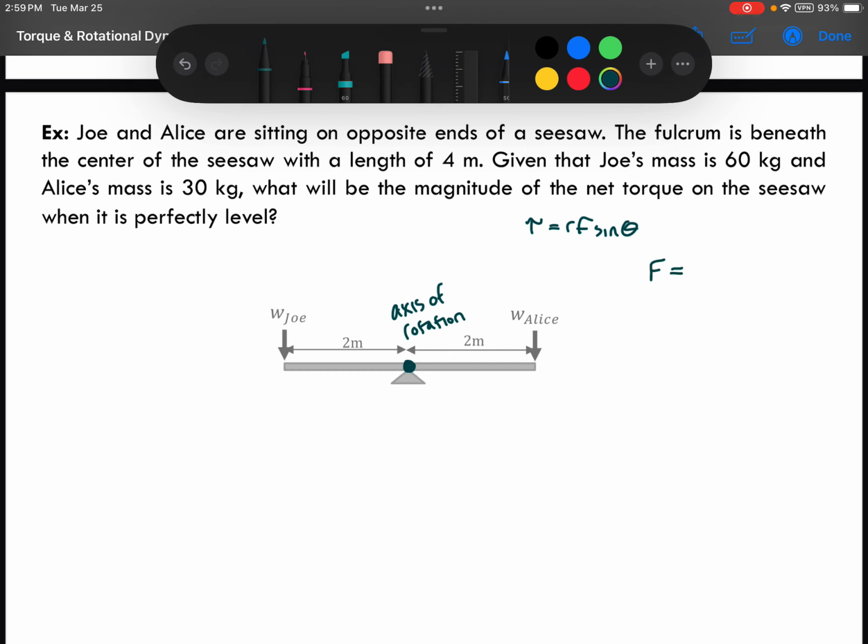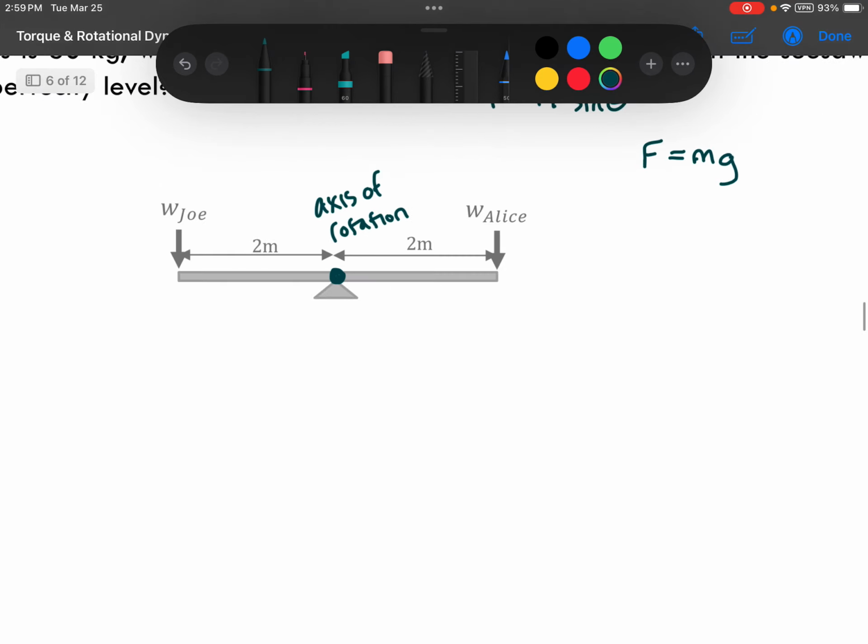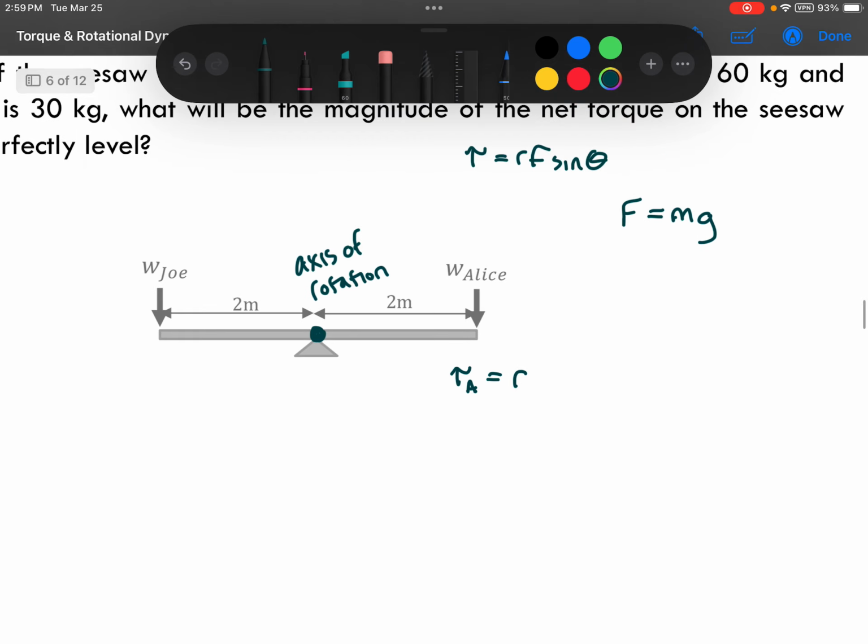So the force is mg, the weight of each of them individually. So if we want to calculate the torque for Alice, I'll say tau A, we're going to do r, the distance between the axis of rotation and Alice's weight, times her weight, m_A g, and then sine theta.